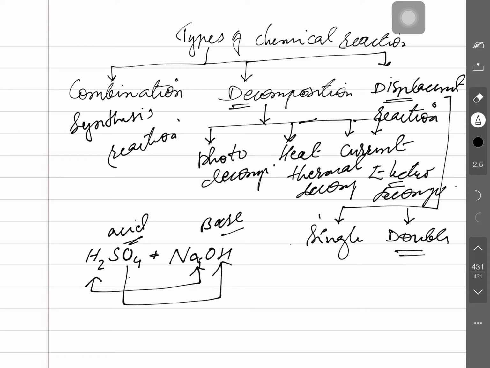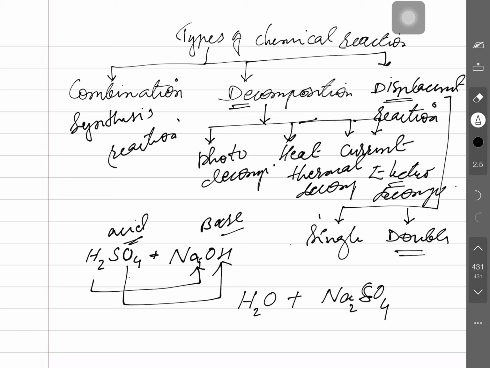But this is a special type of reaction where the left side compound is an acid and the right side is a base. When acid reacts with base, it forms a salt. And what type of salt will form here? You can write the chemical equation. H2O, water will form, and Na2SO4.